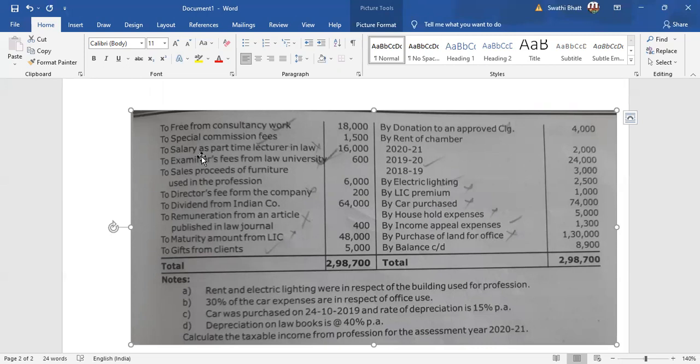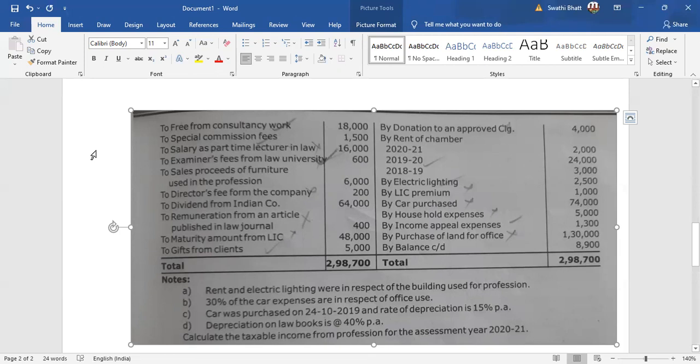When you're calculating his total income, this will definitely come into the picture. But we are only asked to calculate his income from profession. His profession is being a lawyer or an advocate, as mentioned in the question. So salary received will not be a part of his professional income.